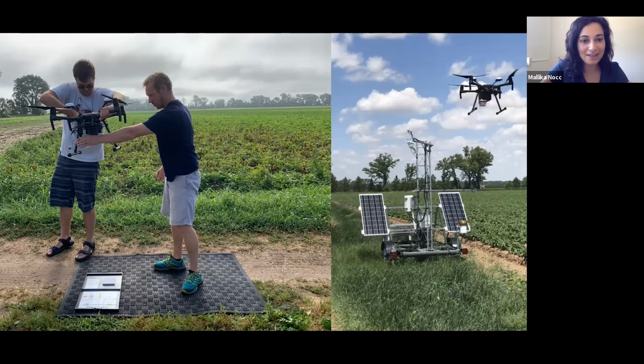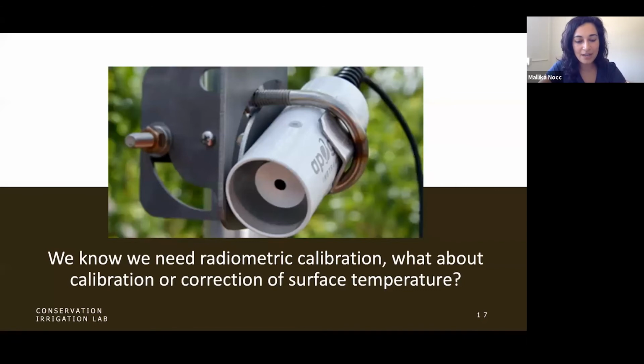So much time has been spent wonderfully on radiometric calibration. I want to talk about calibrating, or thinking about, that surface temperature. At this moment, the official word from MicaSense on the issue is that the temperature estimates from the Altum should not be used for temperature estimates, like to make a map of temperature.